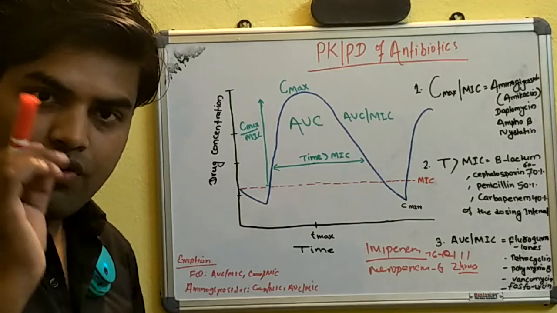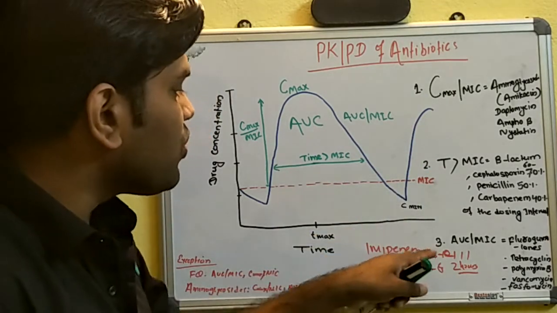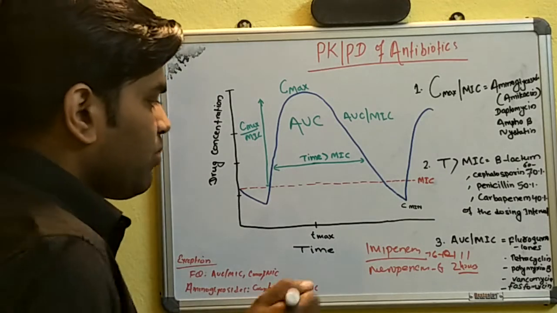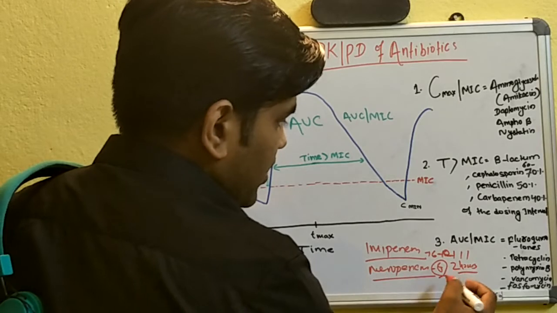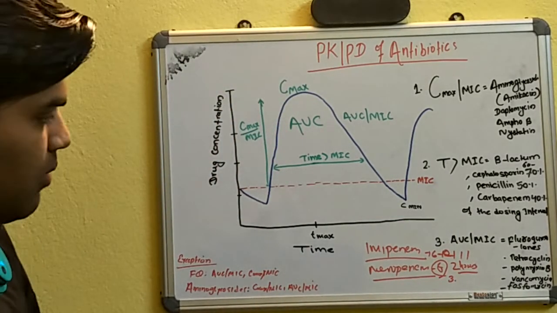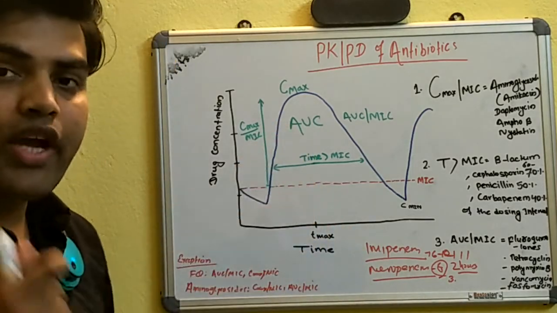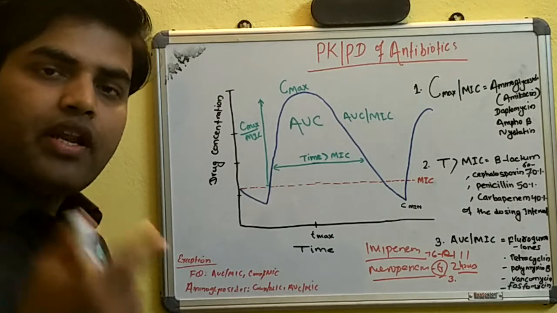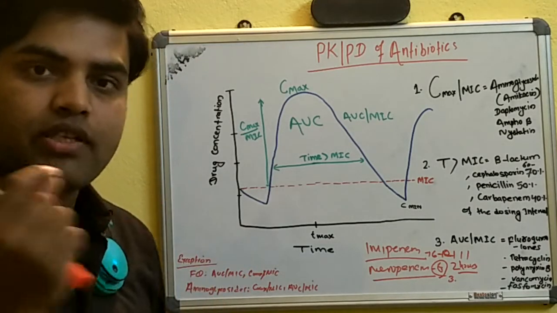That is the concept of timing of MIC. And if meropenem is 8 hourly, then 40% of 8 hours is almost 3 hours. So for 3 hours this meropenem should be above the MIC to achieve better clinical and microbiological cure of this patient.